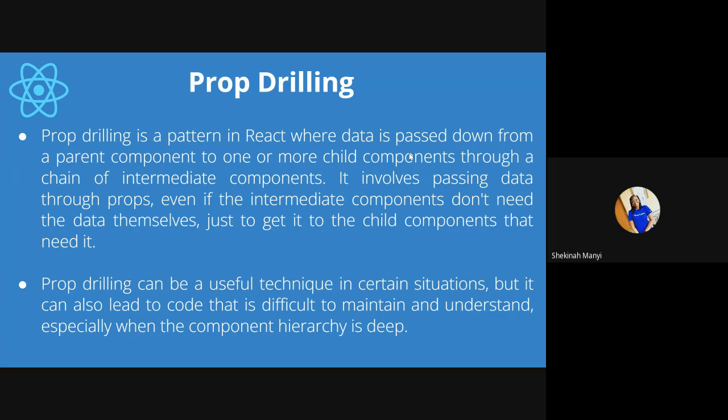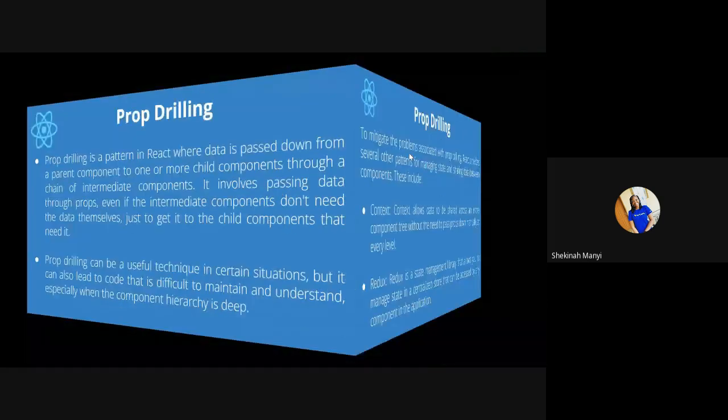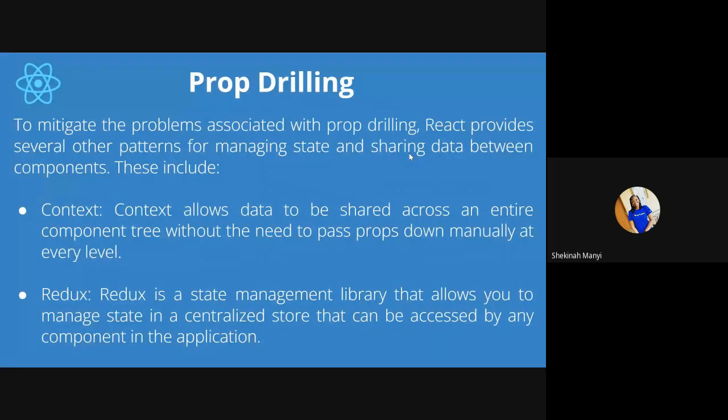Let me put it that way. And when the components are tightly coupled through prop drilling, changes in one component can affect many other components, which can lead to refactoring. And to solve the problem with prop drilling, React provides several other patterns for managing state and sharing data between these components, and this includes first, context.